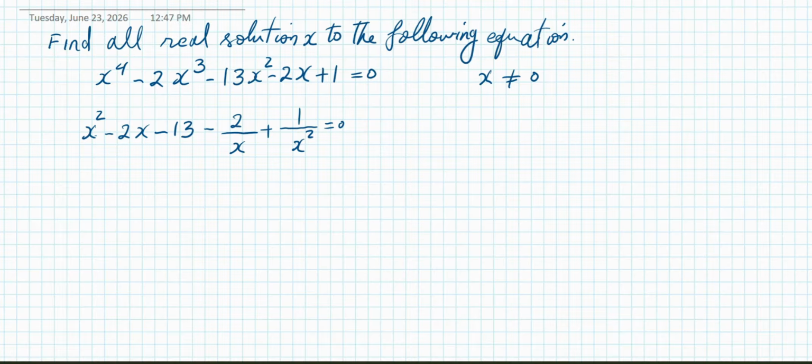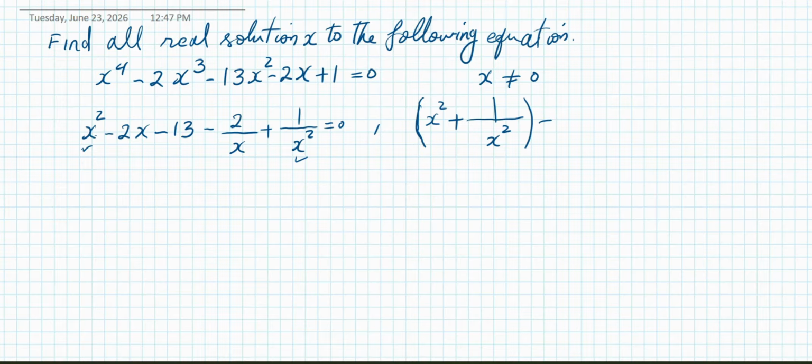We collect the terms appropriately. So here we have x squared plus 1 over x squared. So we collect this term and this term.